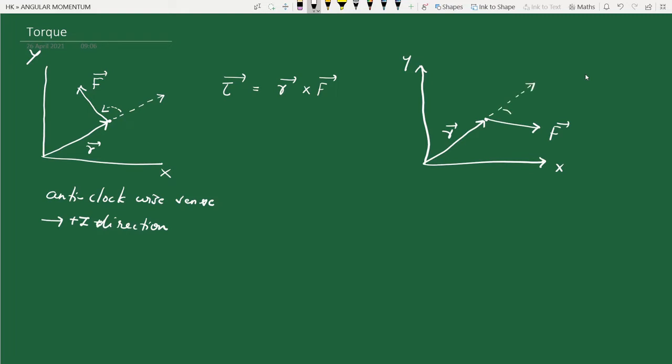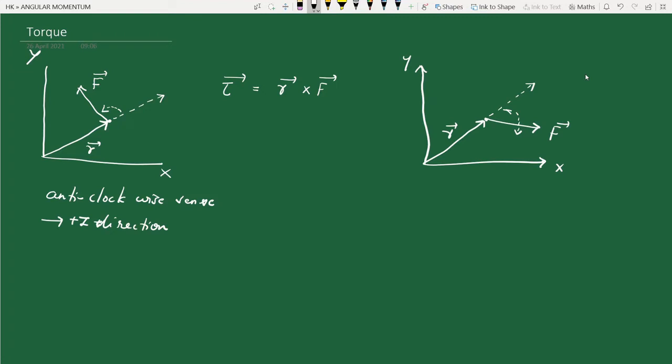So the rotation will be in the clockwise sense. So here, when you place the right hand at the common point between r and f, and you rotate the four fingers from first vector r to the second vector f, then the direction of the thumb is perpendicular and inward.